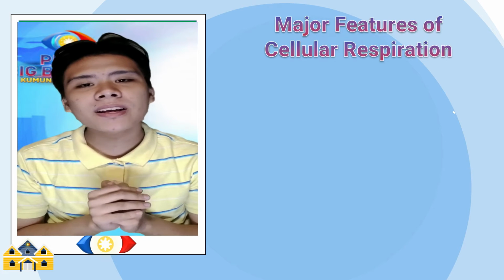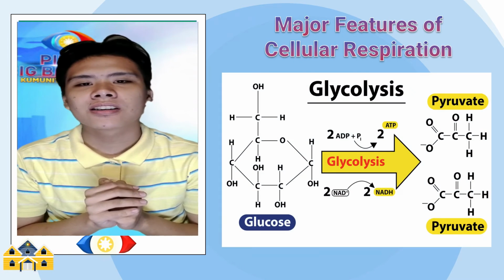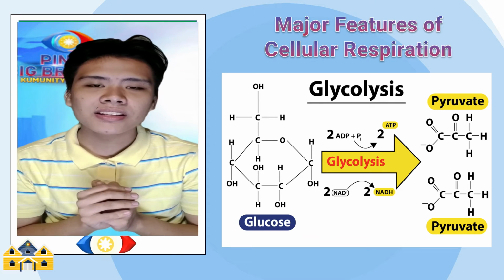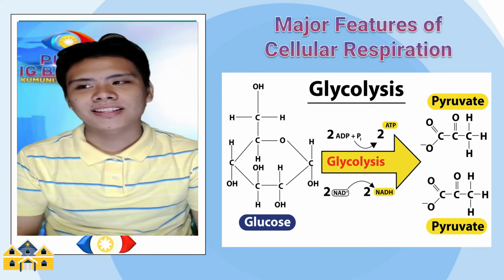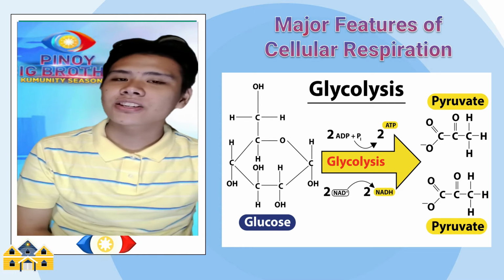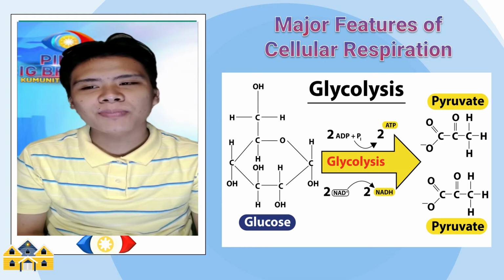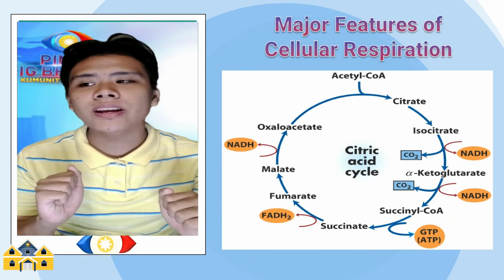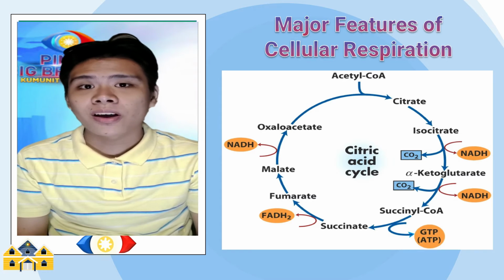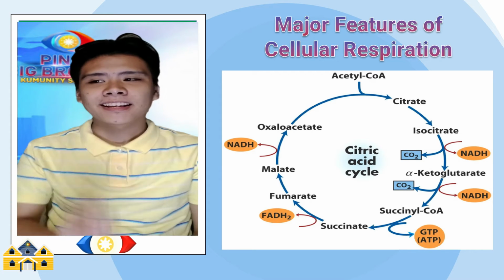So in cellular respiration, there is what we call aerobic respiration that requires oxygen to be able to make ATP. So in this aerobic respiration, there are three basic stages. First is glycolysis. Glycolysis is a series of reactions that extract energy from glucose by splitting it into three-carbon molecules called pyruvates.